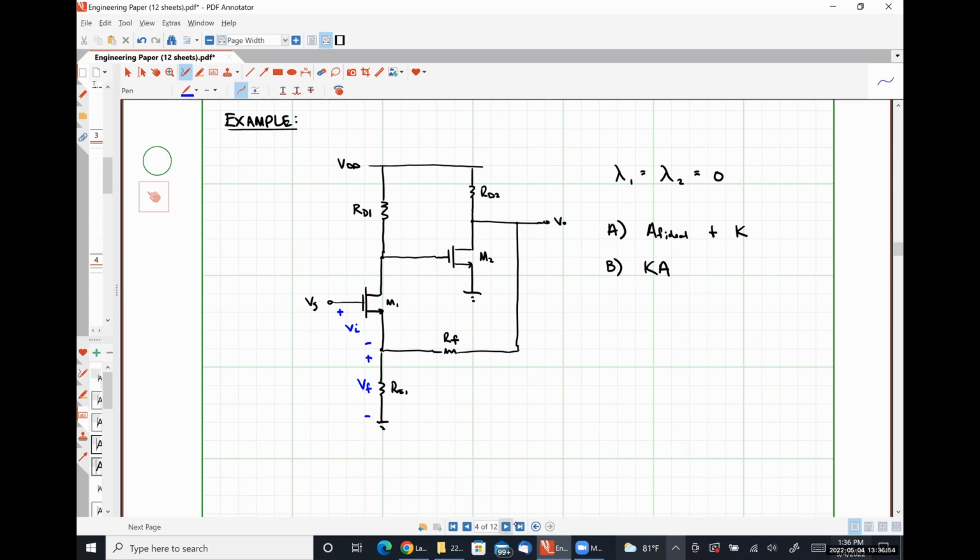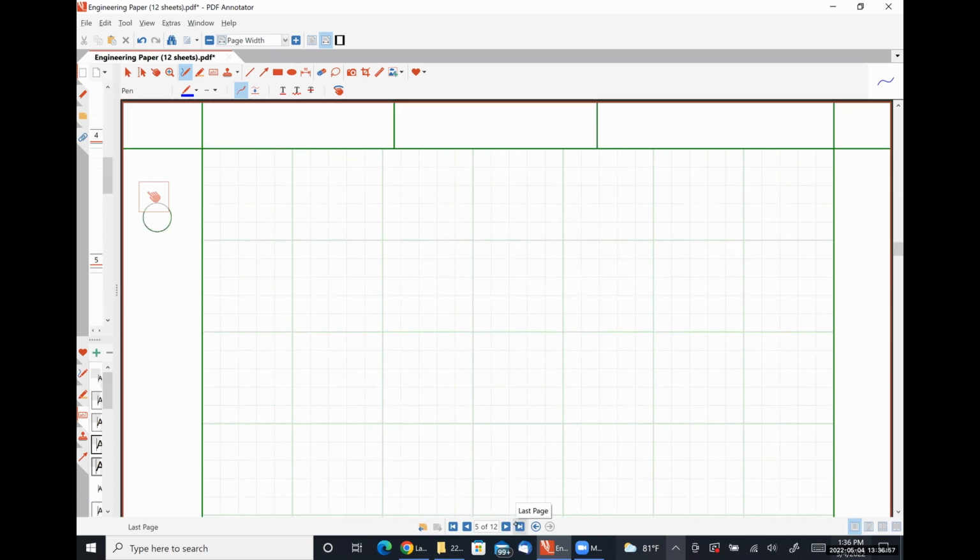Okay, you don't need to write this down at all. But if we have this circuit, like so.